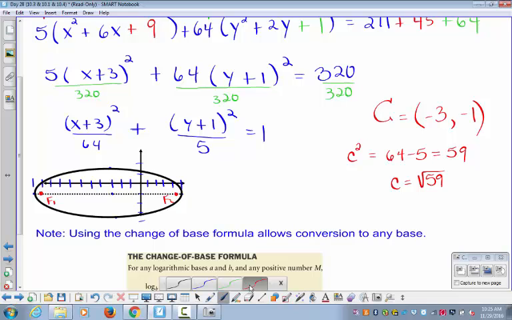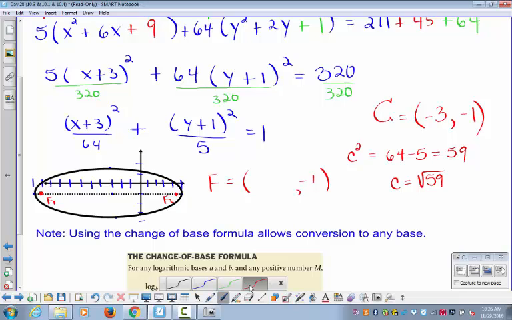And how about the coordinates for those foci? What's the y coordinate first? Those are easy. That's easy. -1 for both. And then how about the x coordinates for the foci? Yeah, exactly.